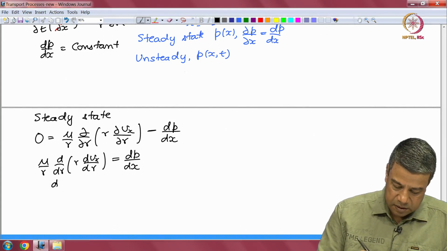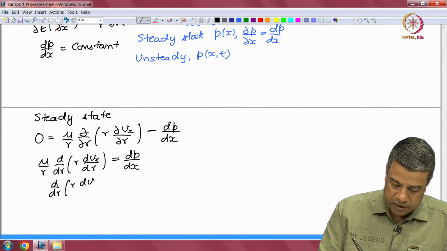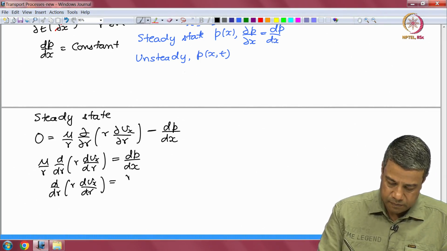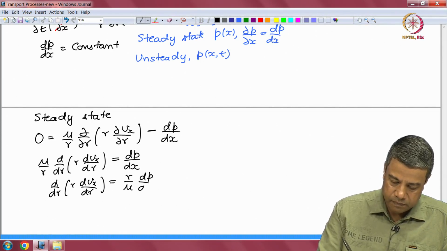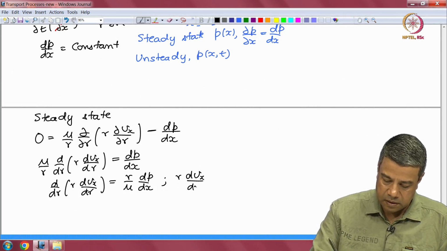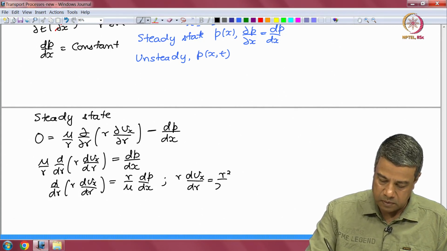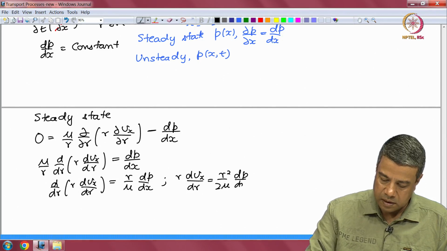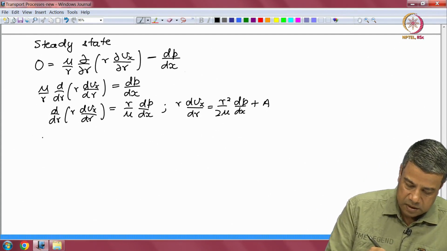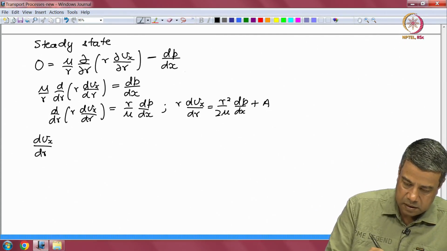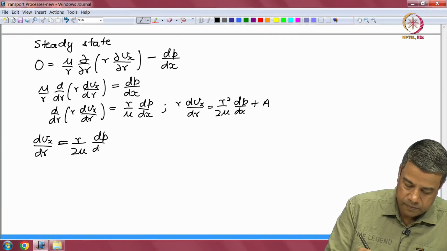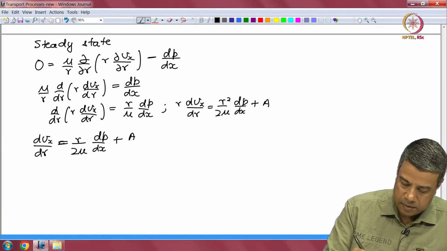d by dr of r dVx by dr is equal to dp by dx times r, so integrating one time, r dVx by dr is equal to r square by 2 mu dp by dx plus A, which means that dVx by dr is equal to r by 2 mu dp by dx plus A by r.